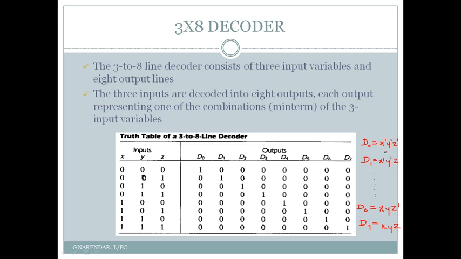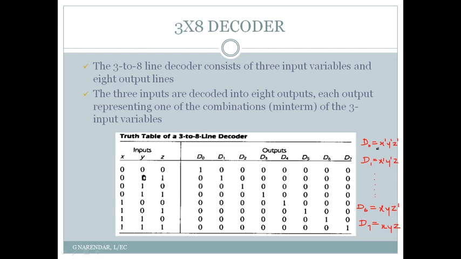So this AND term can be obtained by using AND gates. When the corresponding variables are applied as input, it produces the corresponding AND term or minterm, that is the corresponding output.